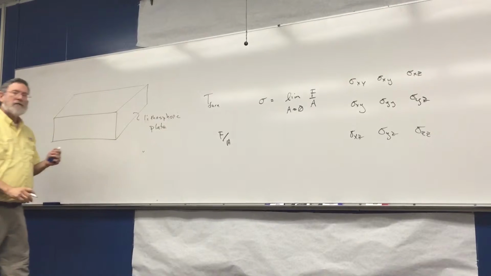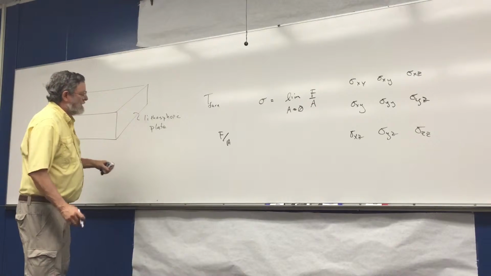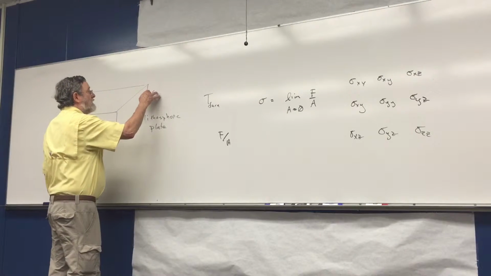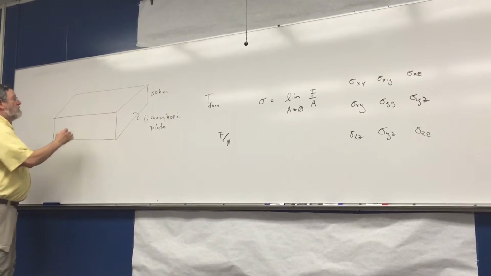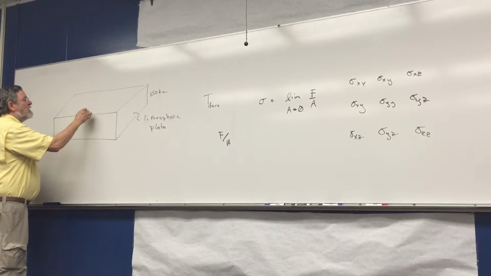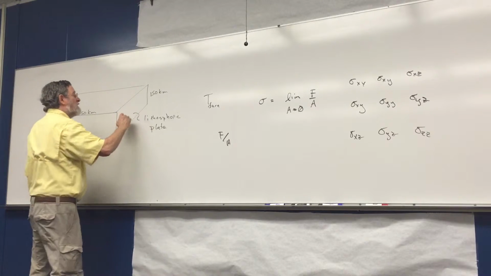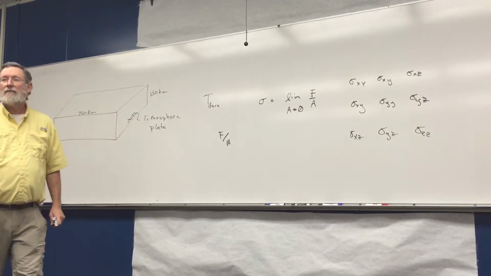I now have a lithospheric plate. Let's say that we're going to use a simplified definition for lithosphere. Let's say that this is 150 kilometers thick. Let's make it 750 kilometers long. We can make it longer if you wish. And let's say that this is 250 kilometers across.